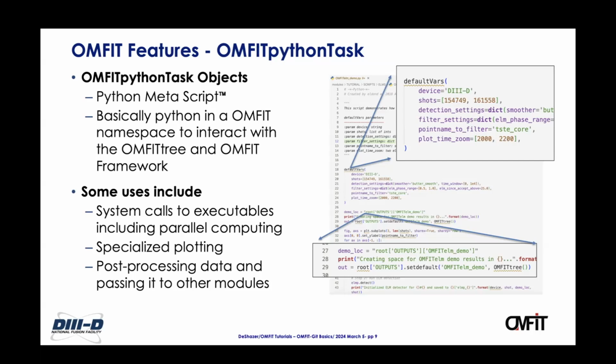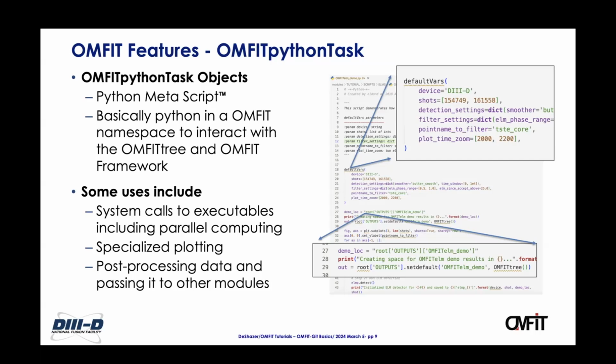it is the mechanism by which we are able to tightly integrate the framework with the tree. So there is a level of infrastructure that you need in place to be able to access the tree as if it's part of your data set. And so that's what the OMFIT Python task does.